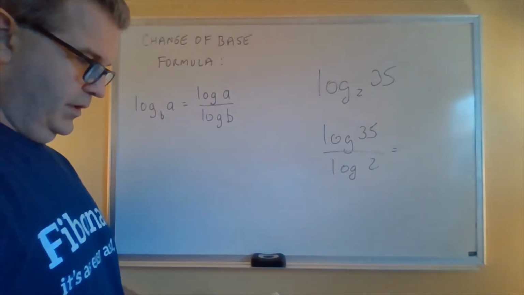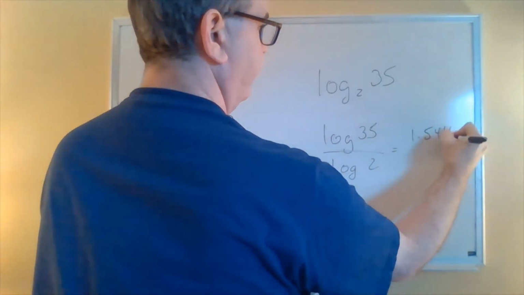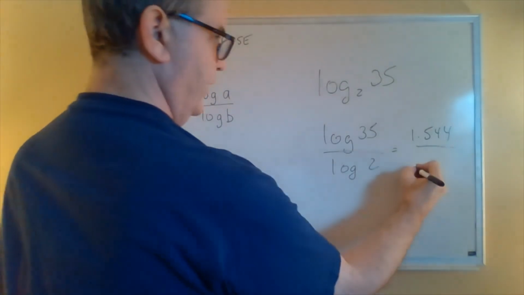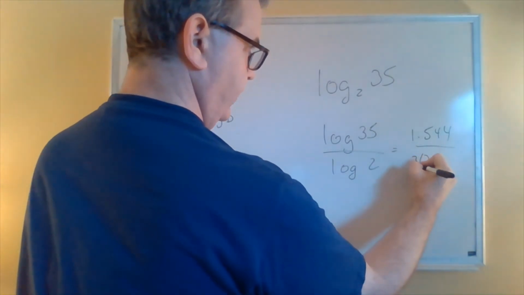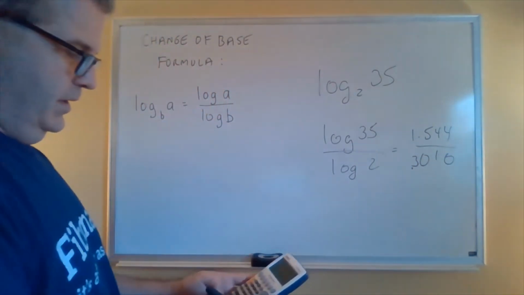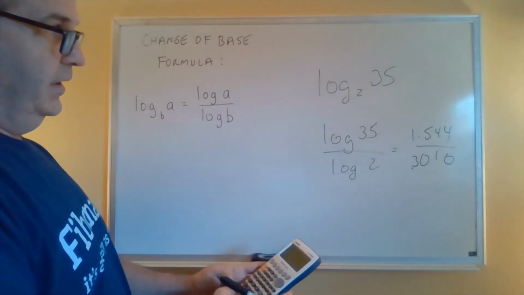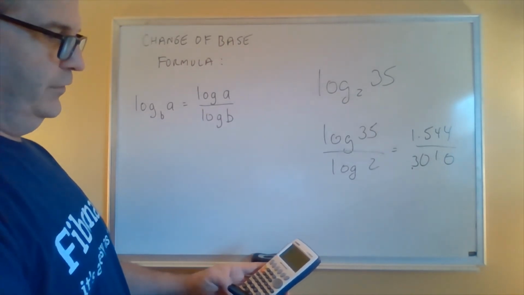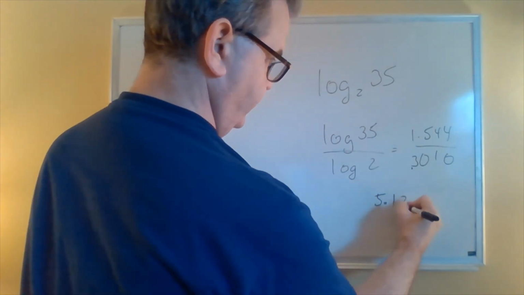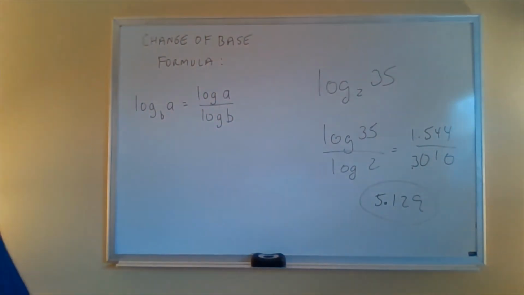Typing in log of 35 gives me 1.544, and my log of 2 gives me 0.3010. If I type in that math, 1.544 divided by 0.3010, that'll give me an answer of 5.129. And there's my answer for that one.